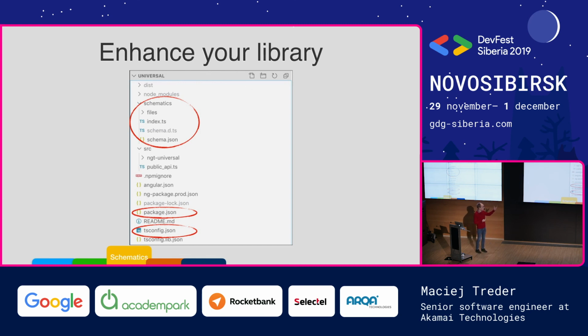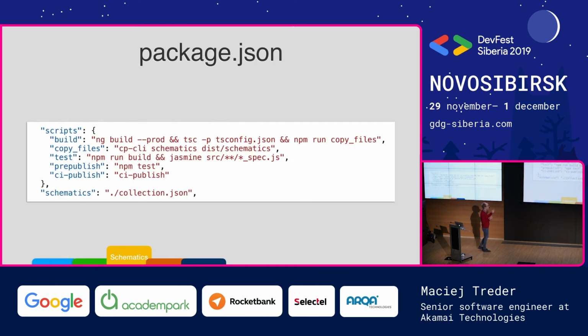Those are the files which are additional. On the example of ng-toolkit/universal, there is also one more thing which has not been listed on the previous slide, and that thing is the files catalog, which you can see here. We are going to cover that really quickly. Just to see, this is the package.json of that particular project, together with scripts which I am using on my end.